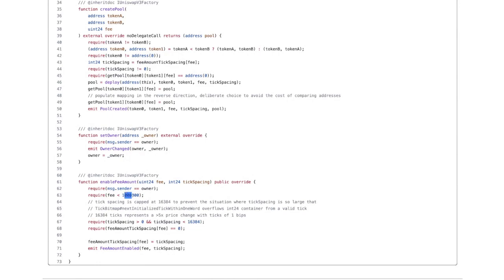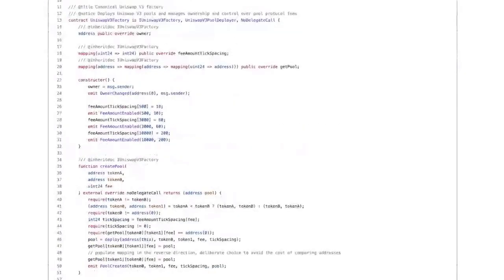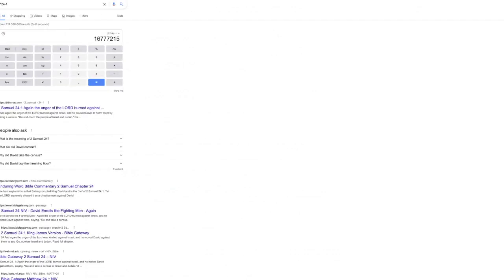And there we have our max number in the tick spacing, which is 1 million. And this is probably why the fee variable is only 24 bits. So if we go 2 to the 24 minus 1, I think it'll be a lot bigger than 1 million.